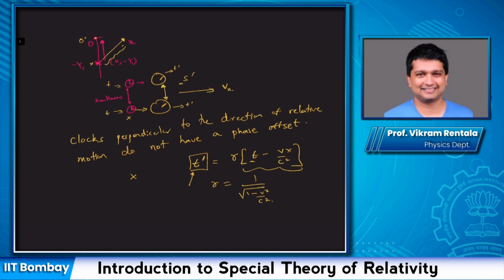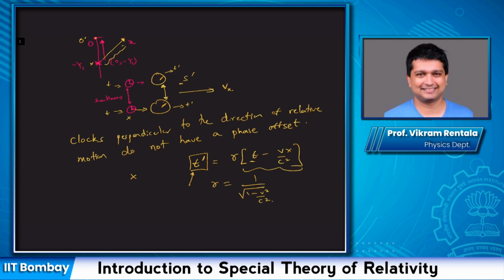Now let's consider what happens to lengths perpendicular to the direction of relative motion. So let's suppose that we have a rod on a train, which in the frame S prime has a length of, let's say, 1 meter, and a rod in S, which according to the ground observer also has a length of 1 meter.